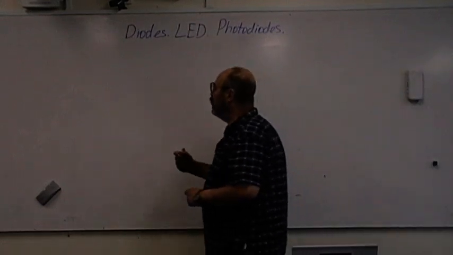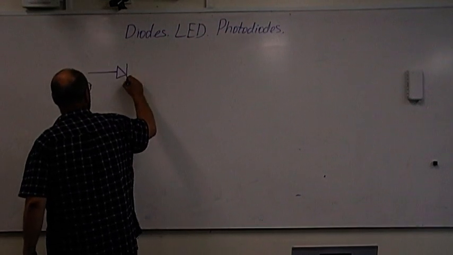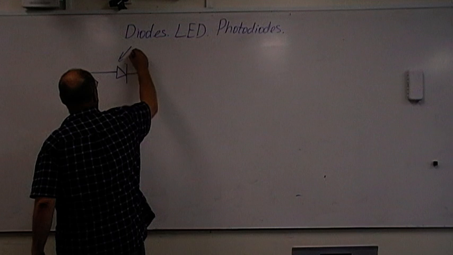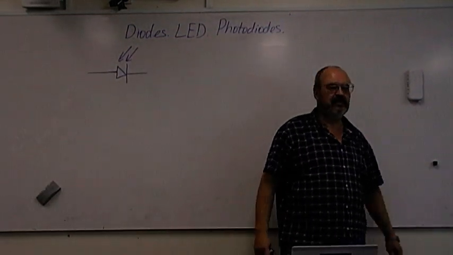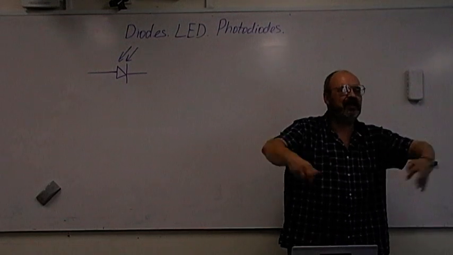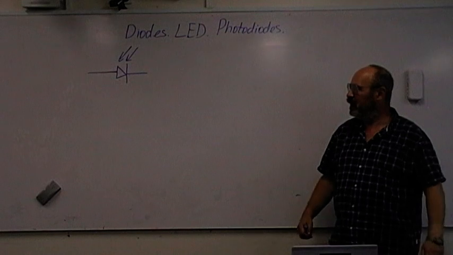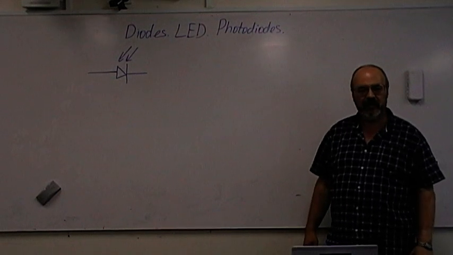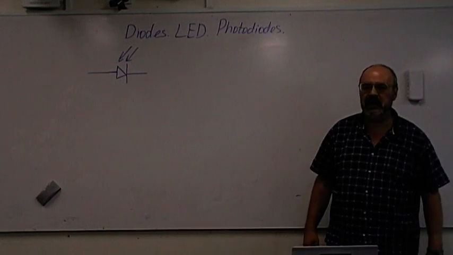For a photodiode, the difference is that the arrows point toward the diode, because it's receiving light, not emitting light. That's the photodiode. And a photodiode works in reverse.